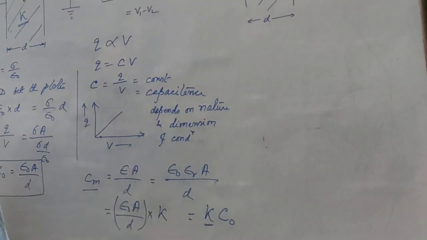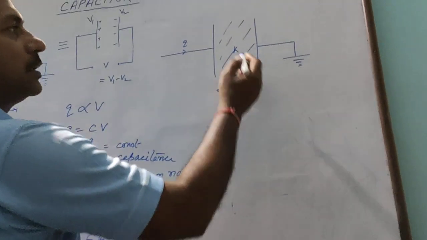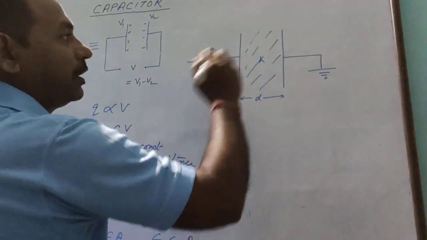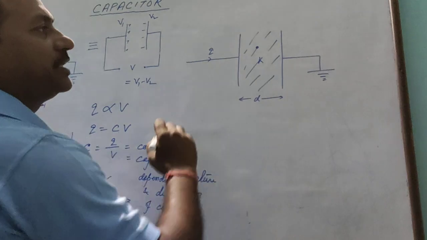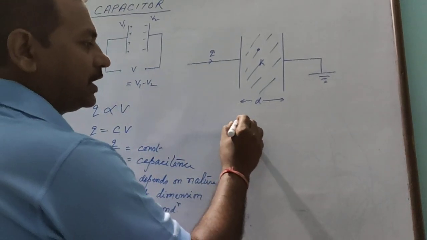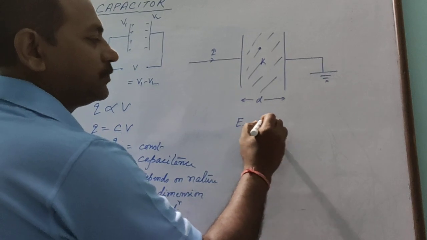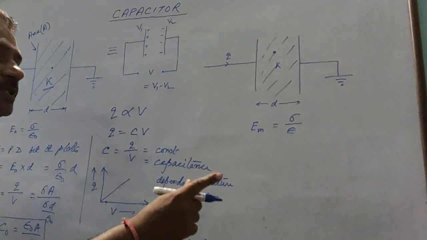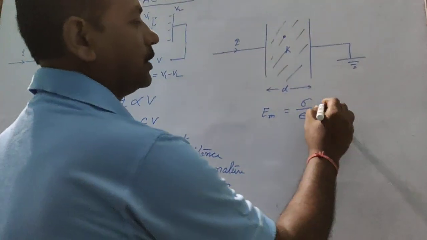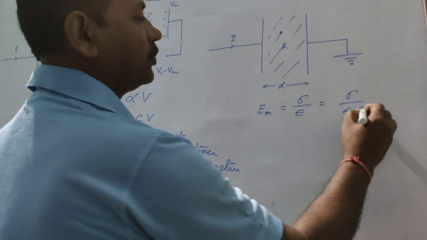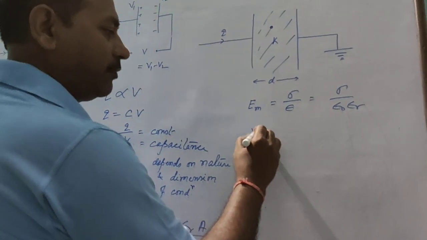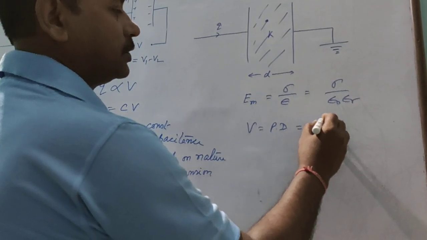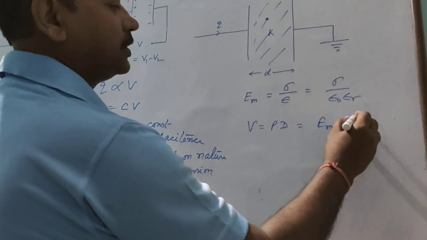You can also understand this in this way: if two plates are there and the separation is filled with some medium having dielectric constant K, what will be the field intensity between the two plates? Definitely, since it is filled with a medium, the field intensity becomes not sigma by epsilon naught, rather sigma by epsilon. So from here you can also understand that, with the same formula, the potential difference between the two plates is equal to field intensity into separation.